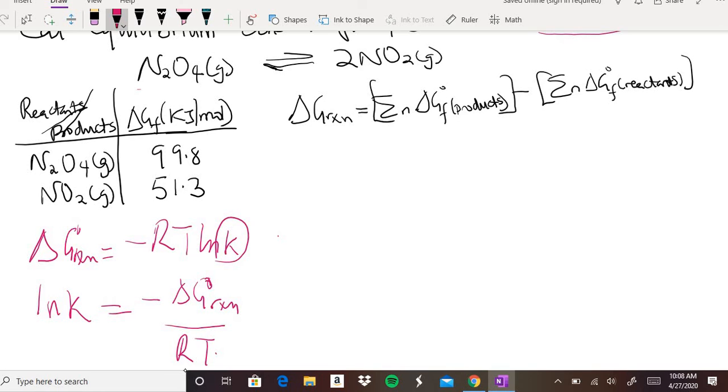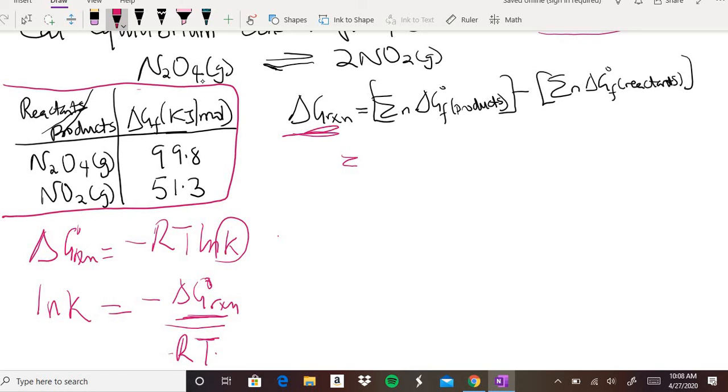We know R is the gas constant, and T is the temperature given. We need to be able to calculate our delta G of reaction before we can find ln K. So we use this equation to find our delta G of reaction, which is the delta G of formation of products minus reactants. We already have this table provided for us, so we just plug in those values.